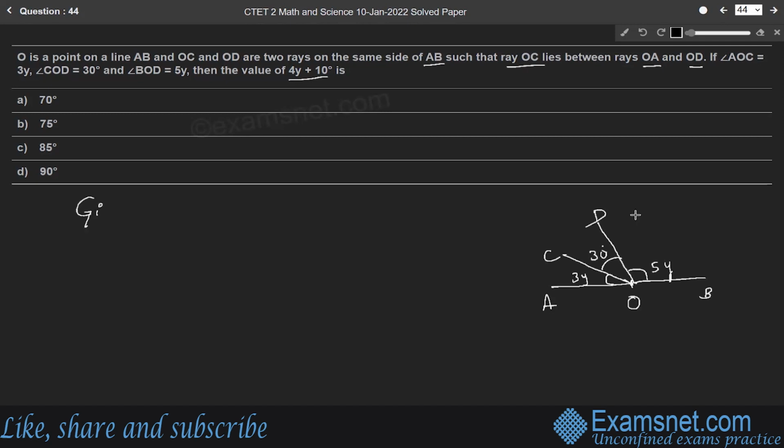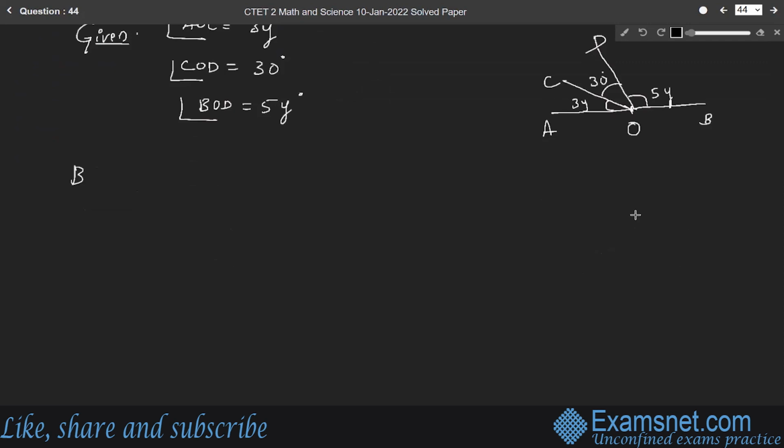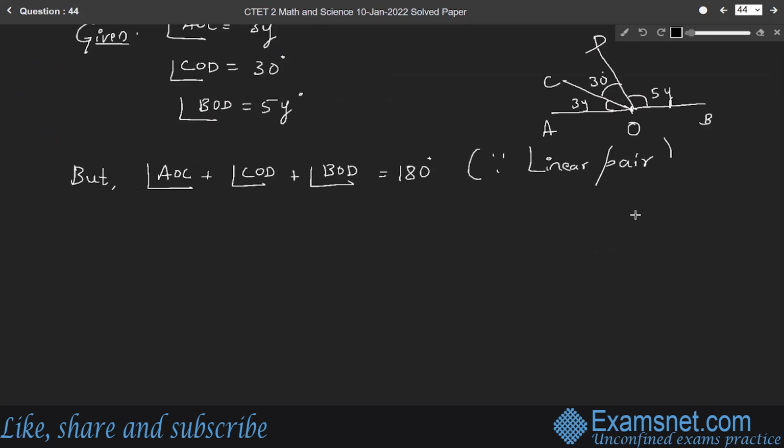Here given angle AOC is equal to 3y, angle COD is 30 degrees, angle BOD is equal to 5y. But angle AOC plus angle COD plus angle BOD is equal to 180 degrees because of linear pair. So linear pair of angles add up to 180 degrees.